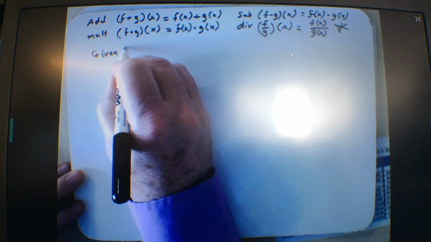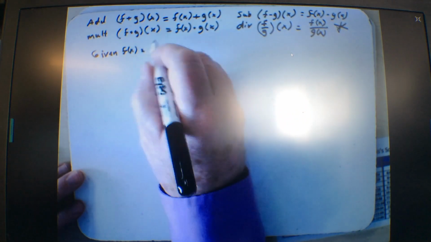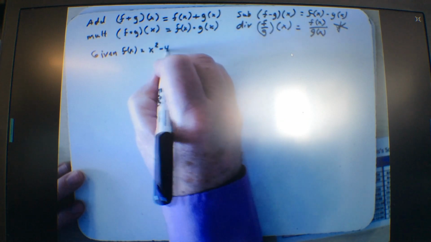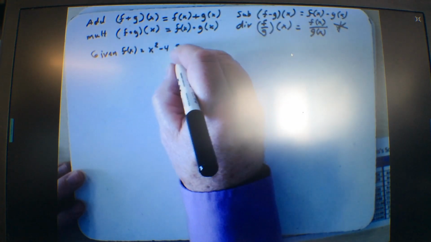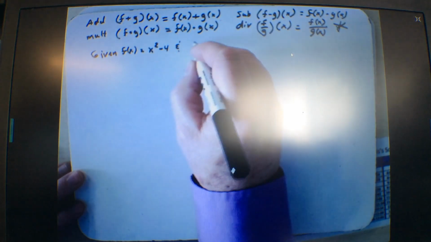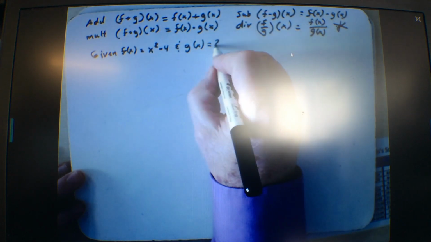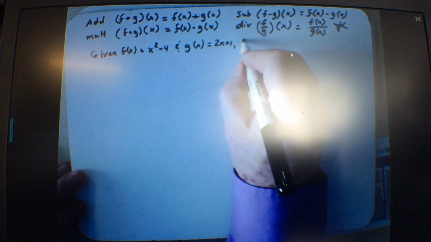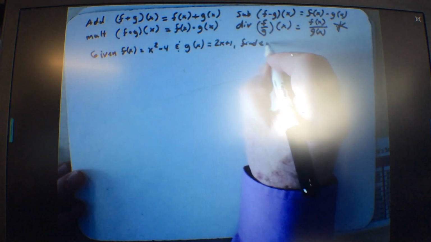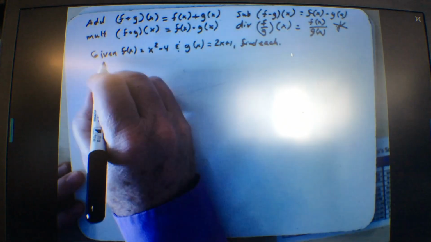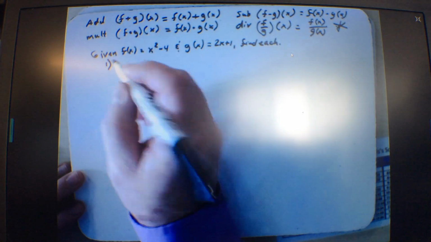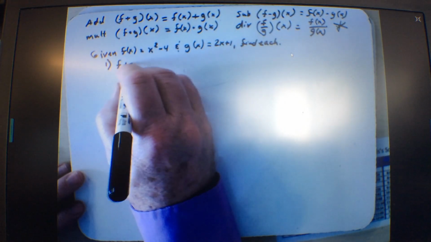So given f of x equals x squared minus 4, and g of x equals 2x plus 1, find each. Okay, so number 1, it says find f plus g of x.